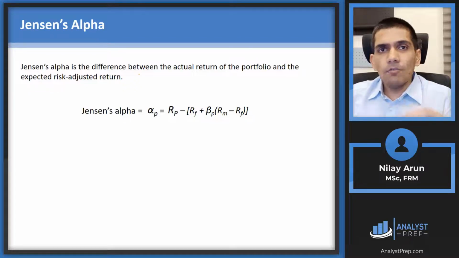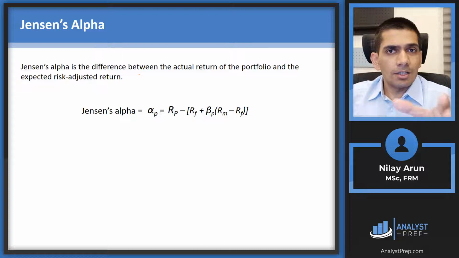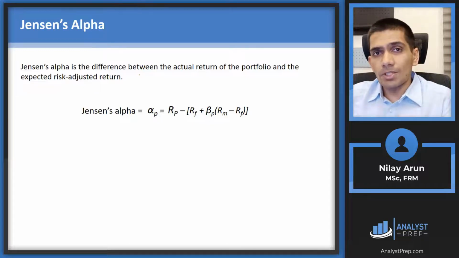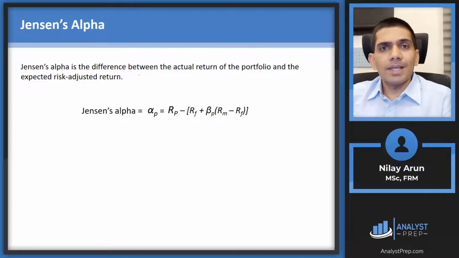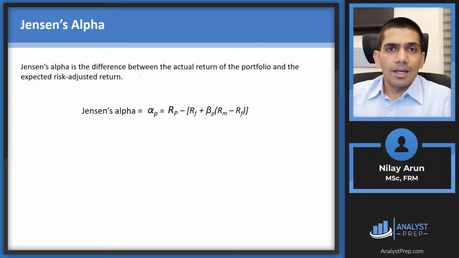So let's say we calculated the expected return based on CAPM to be 8%, and the actual return that the portfolio gave us was 10%. That means our portfolio has outperformed the benchmark by 2%. That will be called a positive alpha. That means that the fund manager has done some value addition, and it was a good decision to give our money to the fund manager because he has been able to beat the benchmark.